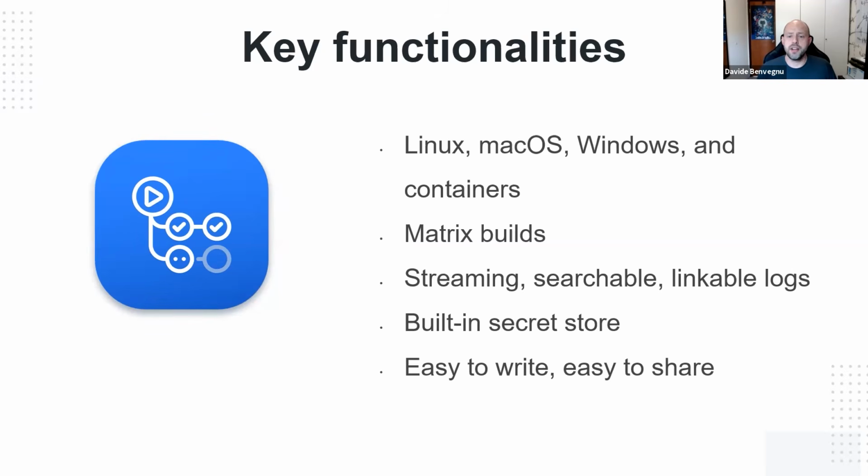First of all, you can run your action workflows in many operating systems. You can run it on Linux, on Mac, on Windows, and on containers. You have something like matrix builds. And again, I have more details of this later, but basically it means that you can write the job once, and then have that job, with the same operations and tasks, execute n times, or multiple times, based on the parameters you pass to the matrix.